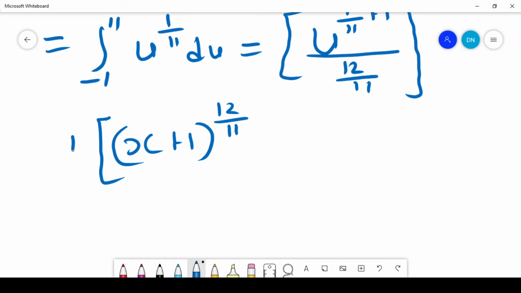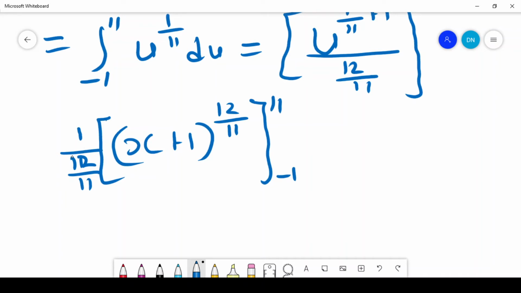Here I have to divide, so it's like I'm taking 1 all over 12 divided by 11. And then I have negative 1 to 11.